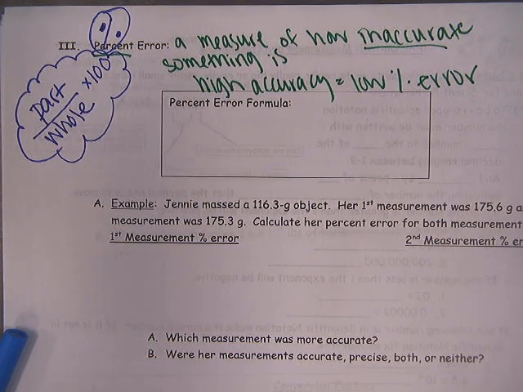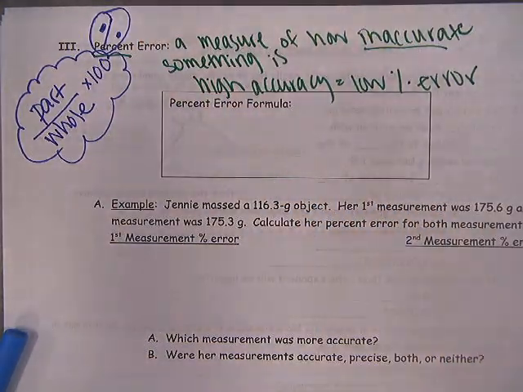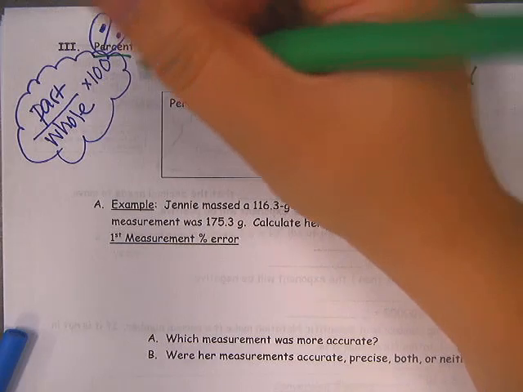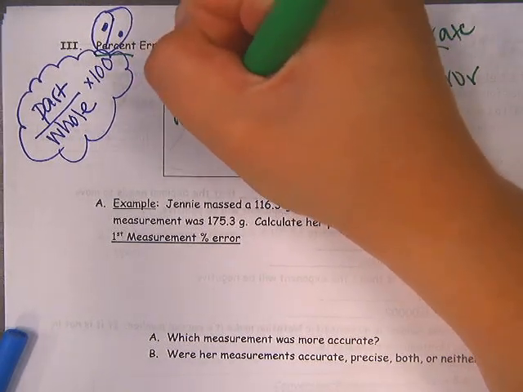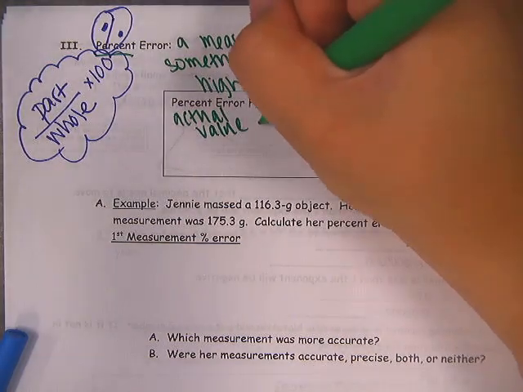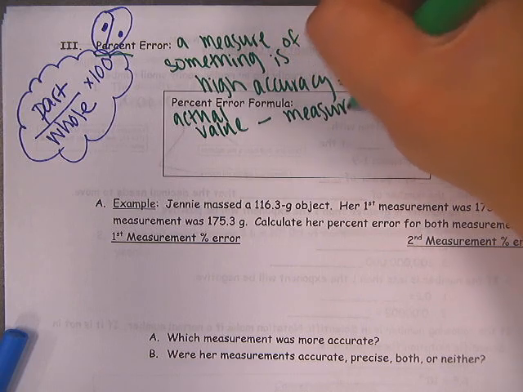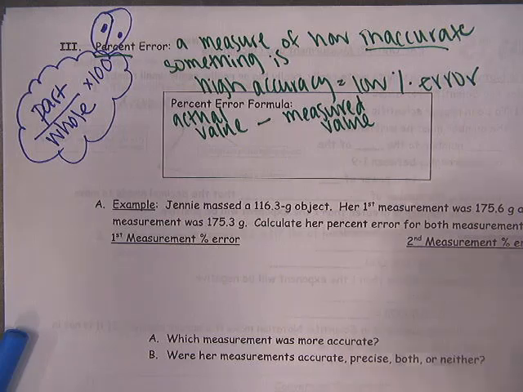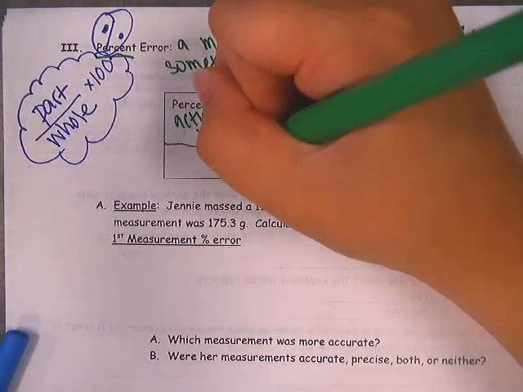The percent error formula is calculated by taking the true or the real or accepted or actual value of something and then subtracting from that the measured value and then dividing by the actual value.